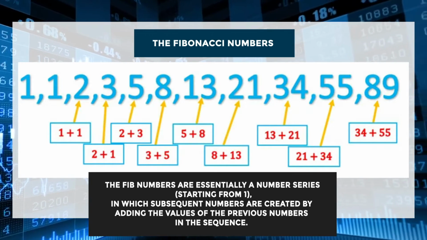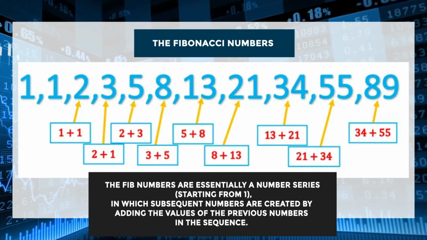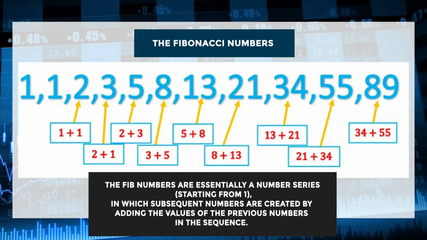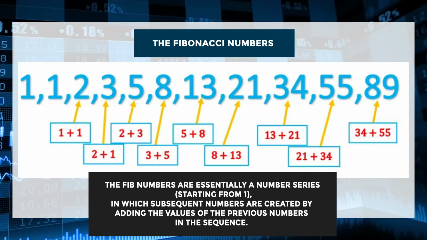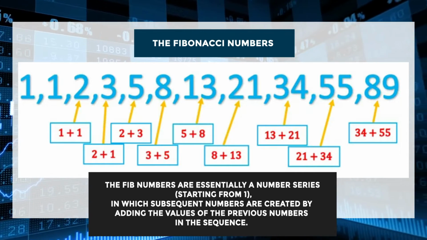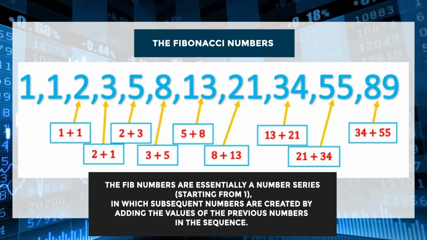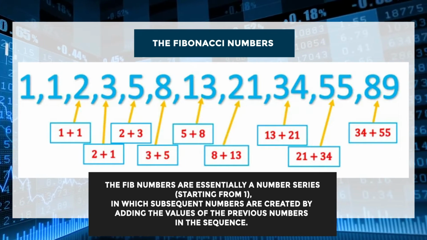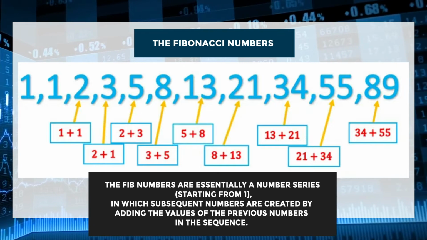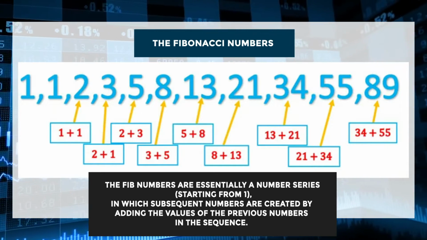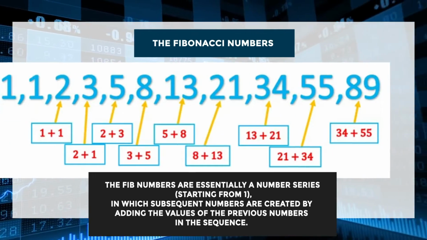For example, 1 plus 1 equals 2, 1 plus 2 equals 3, and 2 plus 3 equals 5, and so on and so forth. These Fibonacci numbers were associated with some parts of our lives. For example, you can see it in the petals of flowers, the shapes of our faces, and also some Asian architecture that was found to be correlated with Fibonacci.